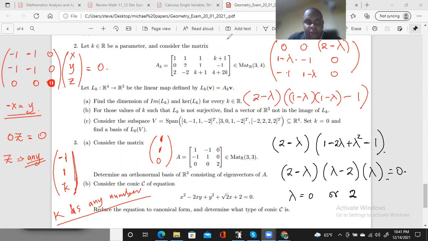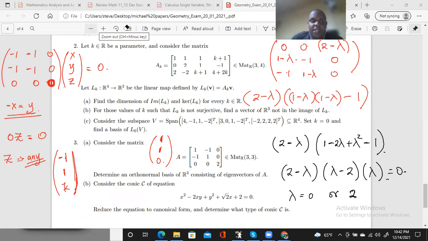And we need to determine an orthonormal basis of R3. First of all, let's check whether they are orthogonal. Negative 1 times negative 1 is 1, 1 times 1 is 1, k times 0 is 0. Their dot product is 0, so they are orthogonal. Remember I told you eigenvectors will always be orthogonal. So we just need to make them orthonormal.